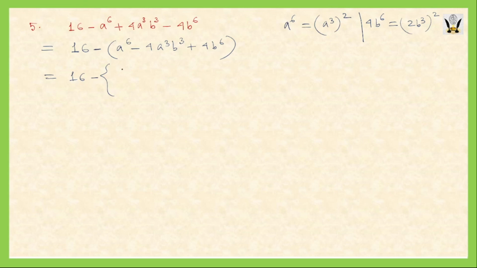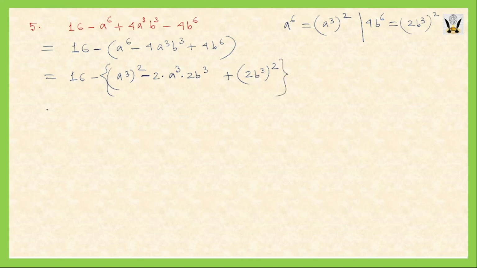Let's fit this part of this algebraic equation with an identity. So a to the power 6 can be written as (a cube) square, then we have the 4b to the power 6 term, which can be further written as (2b cube) whole square, and here we have 4 a cube b cube. So if we write it this way, minus 2 and then a cube and then 2b cube, we get 2 times 2 is 4, so finally it is minus 4 a cube b cube only.